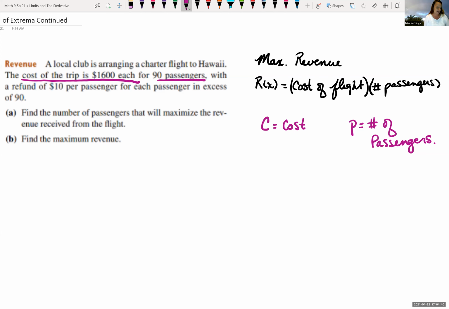How about we let X, because we have to figure out what we're going to do, be the number of passengers that exceed 90.